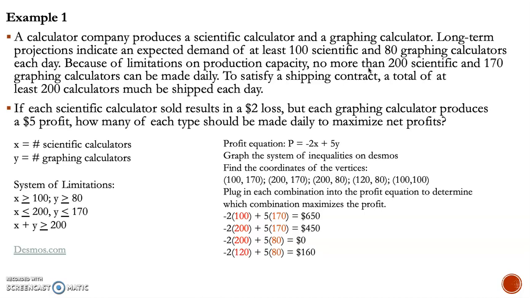The fourth combination gives a profit of $160, and the fifth combination gives a profit of $300. So you can see that the company's best bet is to produce 100 scientific and 170 graphing calculators per day to maximize the company's profits.